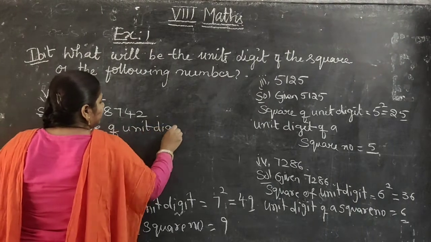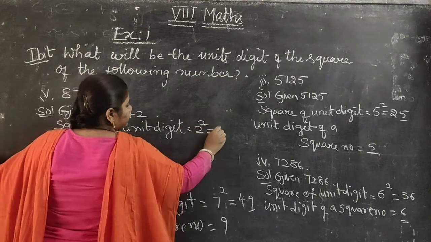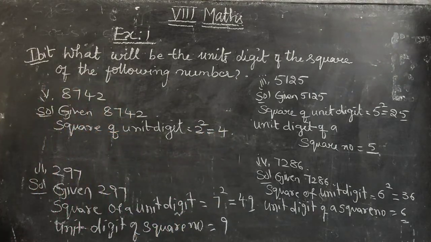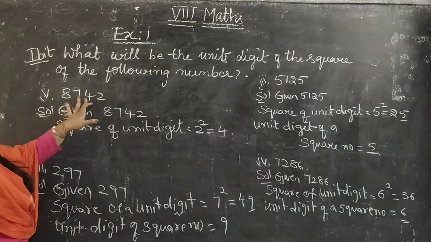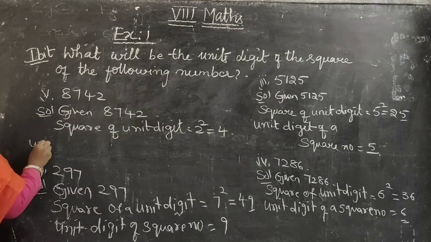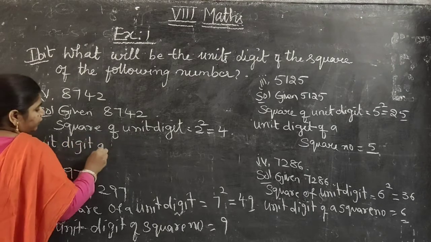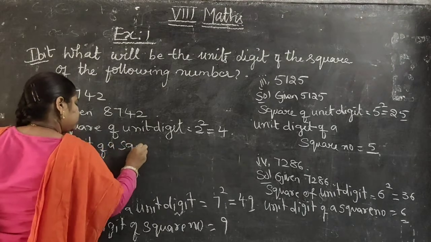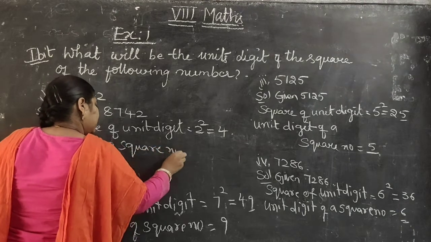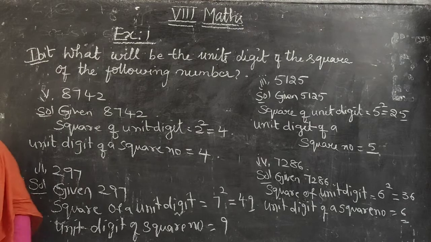What is the unit digit placed in the given number? The last digit is 2. So 2 square will be equal to 4. So for the square of 8742, the unit place will be again 4 itself. So the unit digit of the square number is also 4. So this is our first question.